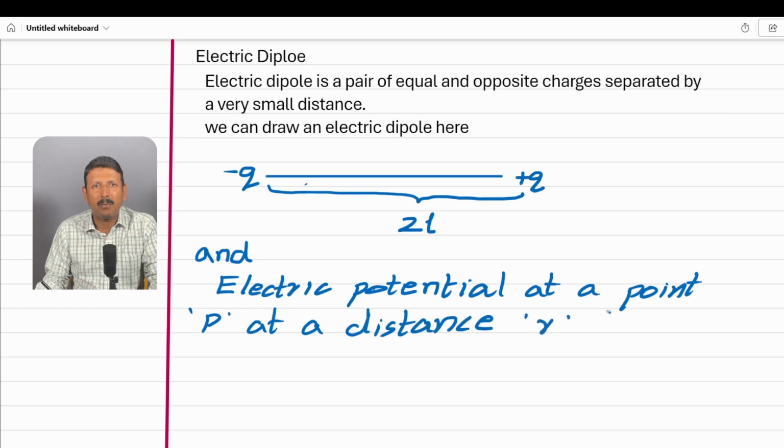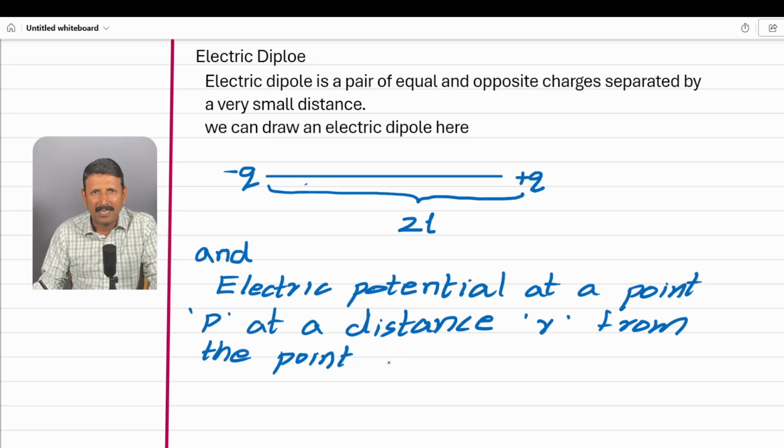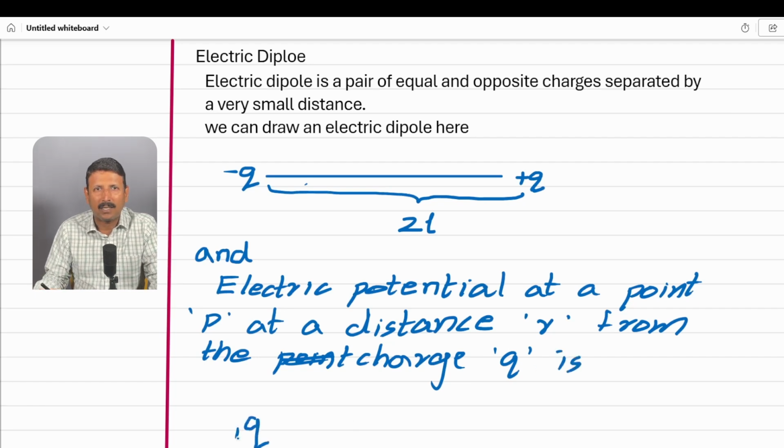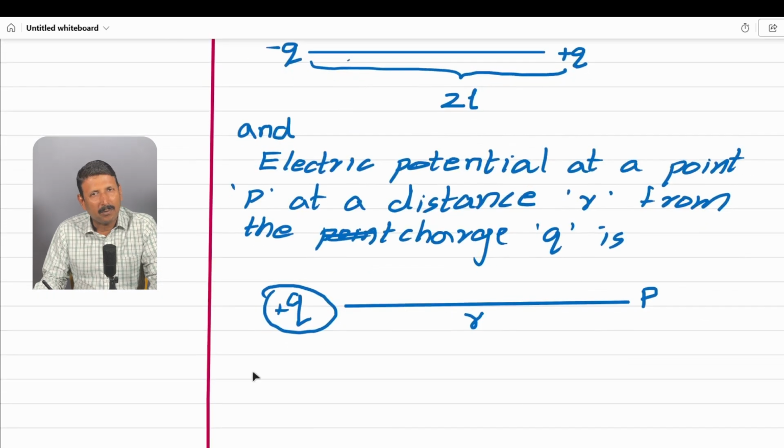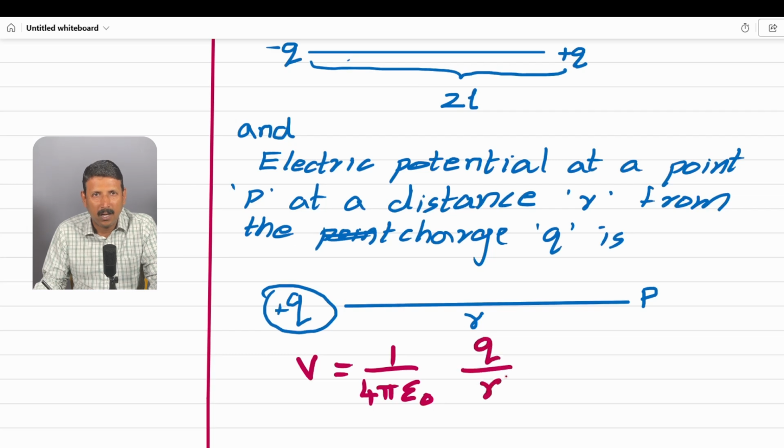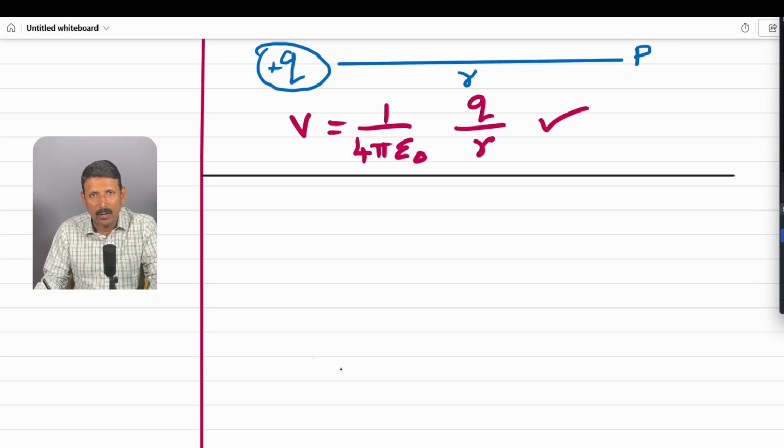So electric potential at a point P at a distance R from the charge Q: the letter used to represent the electric potential is capital V. Before that we can have a small drawing: plus Q charge here, point P at a distance R from the charge plus Q. Now we can write the potential V is equal to 1 by 4 pi epsilon 0 Q divided by R. This is the equation for potential.